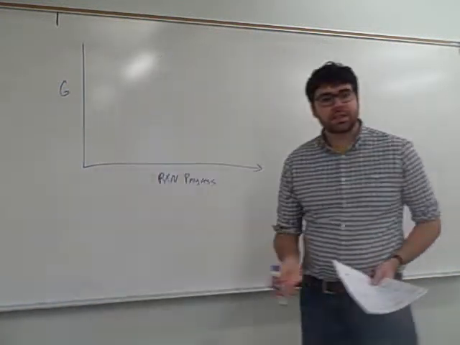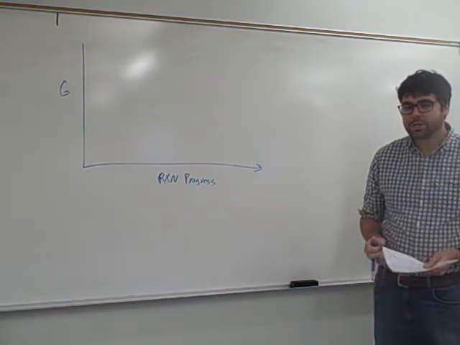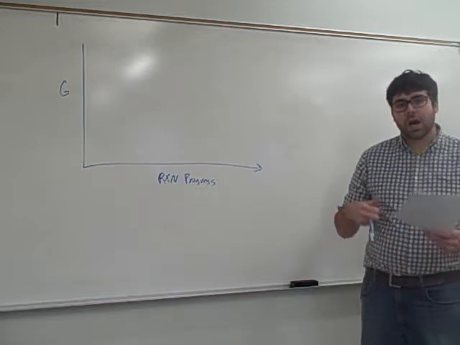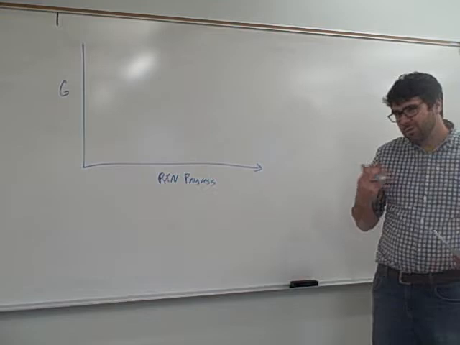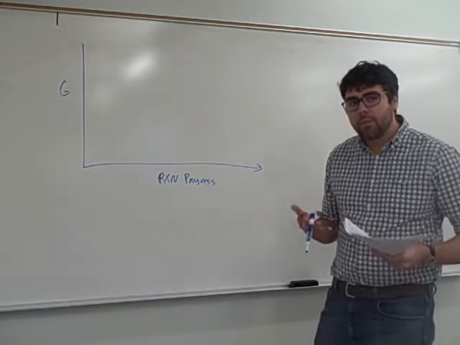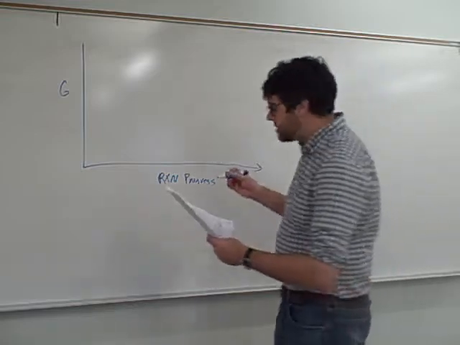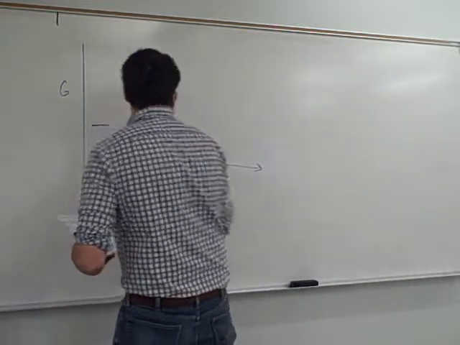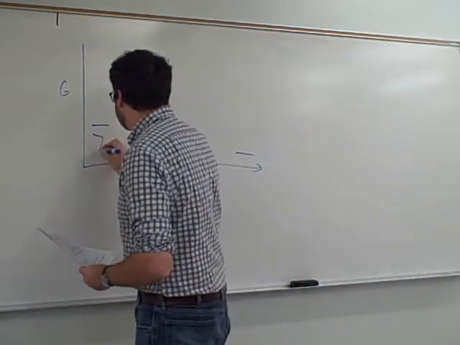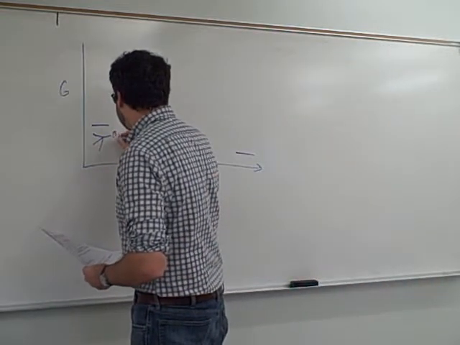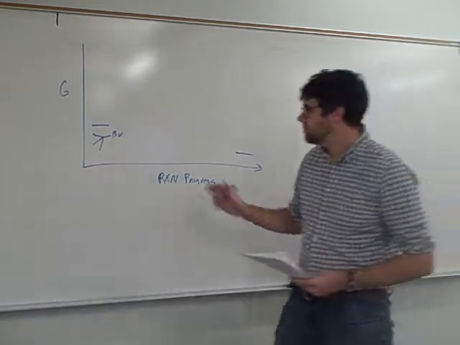I'd like us to think about two different E2 reactions, two different bimolecular or concerted eliminations, where we form the same product but with different strengths of bases. The first reaction is taking tert-butyl bromide and treating it with methanol.